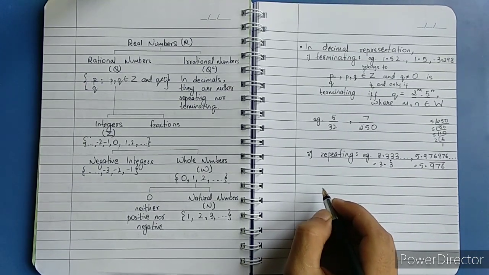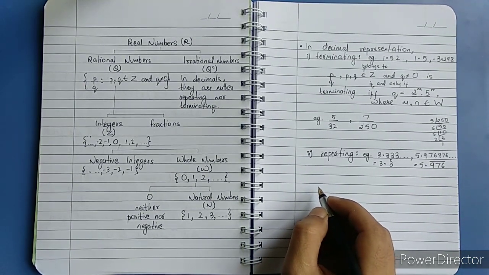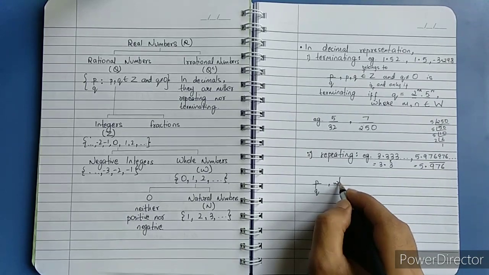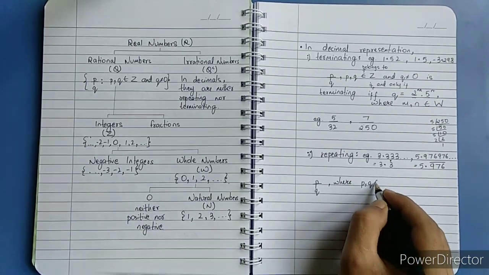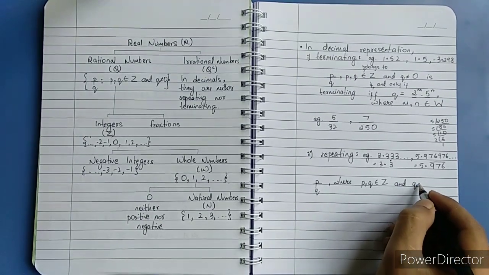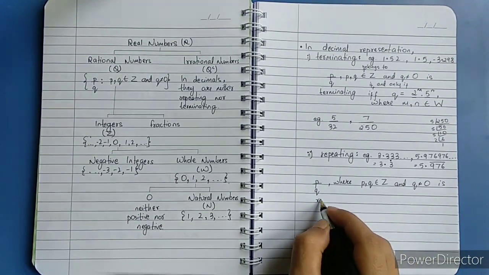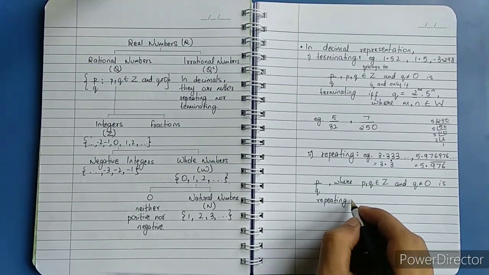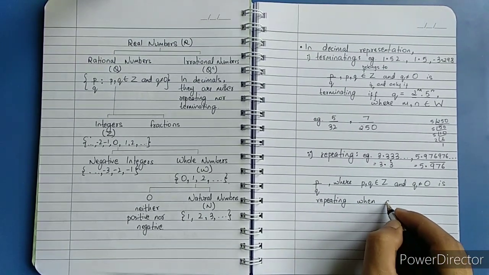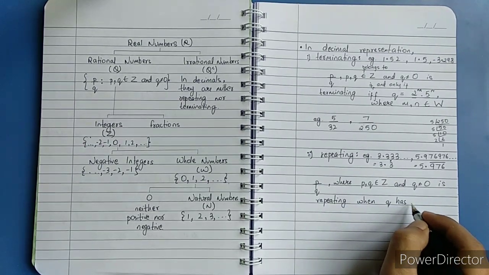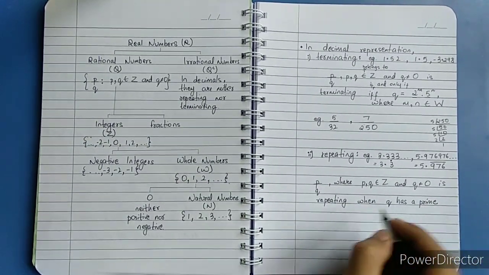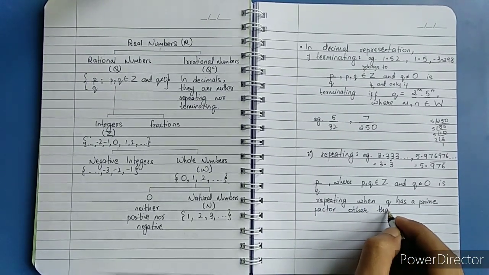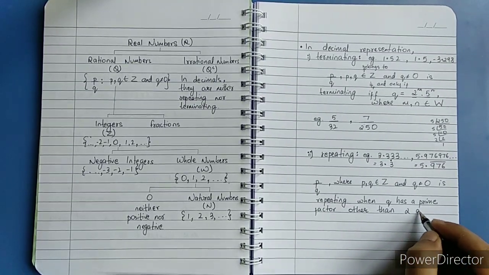So how do we know if a number is terminating or repeating? p by q, where p, q belong to integers and q is not equal to 0, is repeating when q has a prime factor other than 2 and 5.